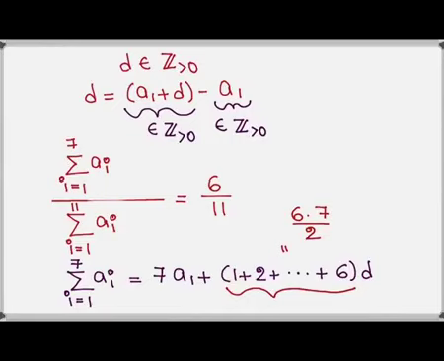Therefore, this sum turns out to be 7 into (A1 plus 3D).